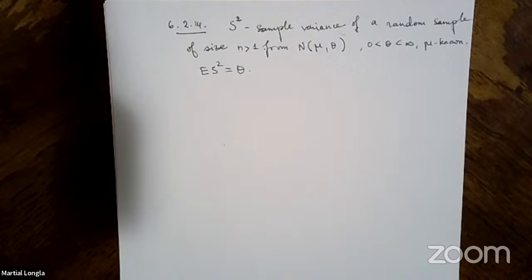And now the questions are: what is the efficiency of S squared under these conditions? What is the MLE of theta? And then 3, what is the asymptotic distribution of theta hat?